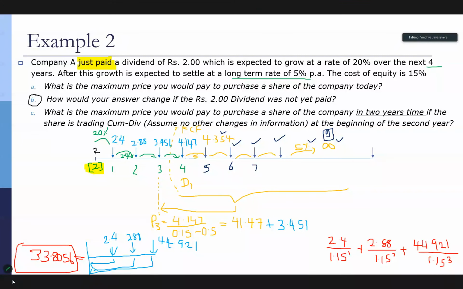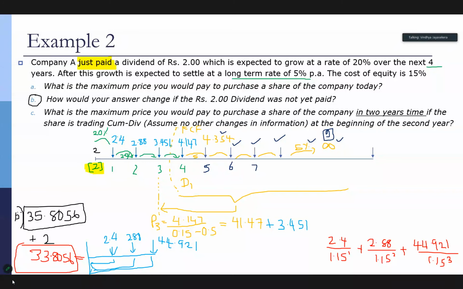It's something that's not in your hands. So you would get it. So it's a future cash flow, right? So that 2 rupees should also be taken into consideration for part B. And for part B, the answer will then become 35.8056.